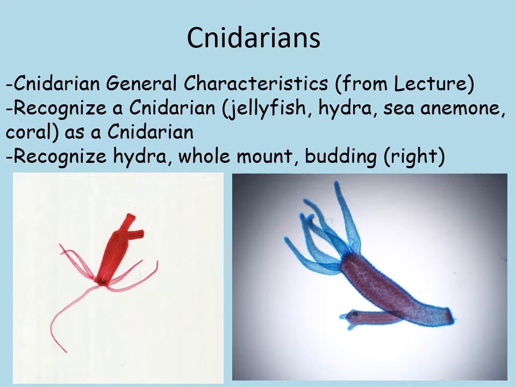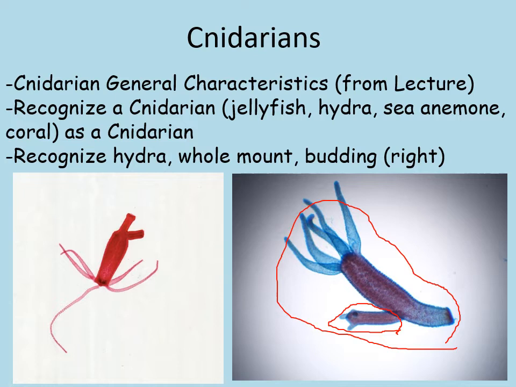And for hydra, they frequently reproduce asexually by budding. So on this picture on the right, you can see there was the original polyp hydra, and then it has a little tiny asexual bud coming off the side. And it's considered budding because it's creating offspring asexually that are quite a bit smaller than the original adult.